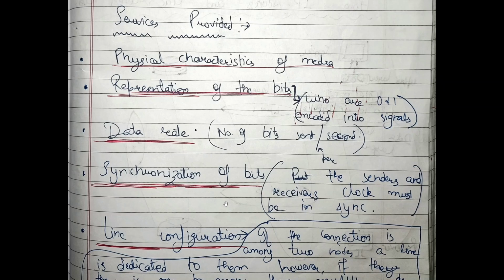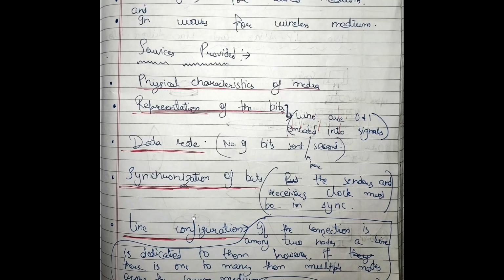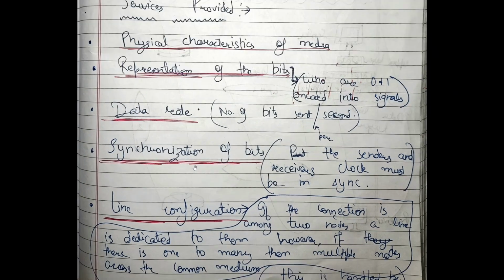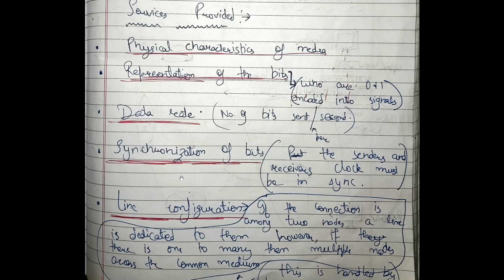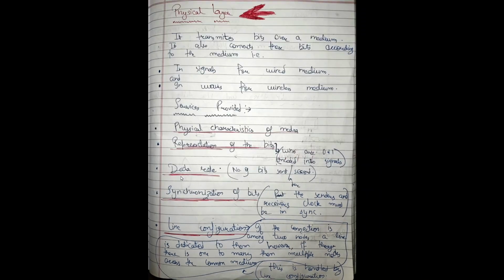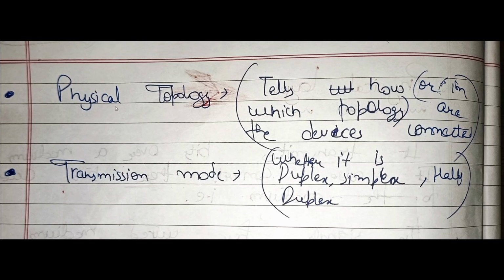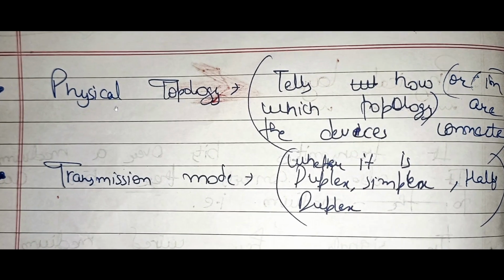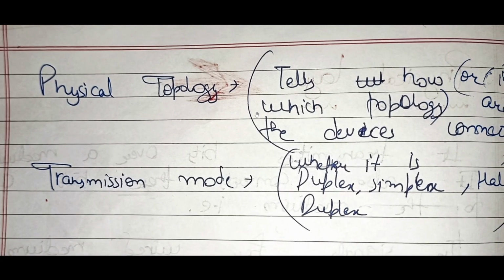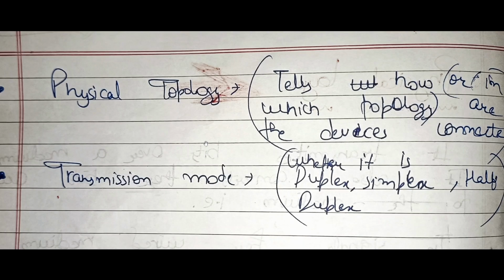However, if the connection is among several nodes to one node, then this layer knows how many computers are there and takes care of that. Lastly, physical topology. We read about topologies, so it also knows what type of topology is being used. And transmission mode, whether the transmission mode is duplex, half duplex or simplex.